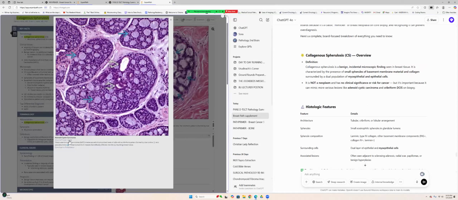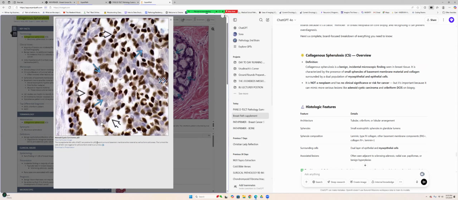Adenoid cystic carcinoma. Adenoid cystic carcinoma invades as well-circumscribed nests of cells with a cribriform pattern formed by true lumina and pseudolumina. These tumors form masses that diffusely infiltrate into the surrounding breast tissue.